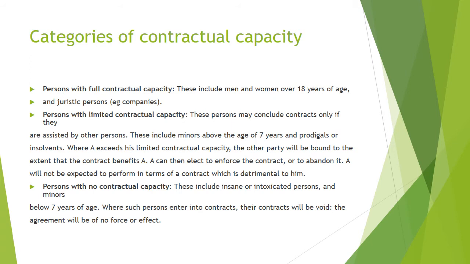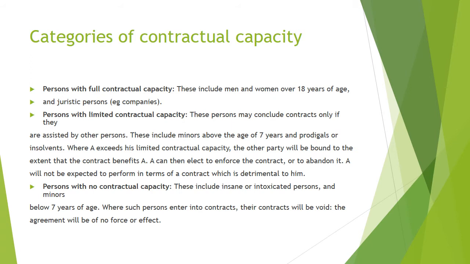Remember that in our previous lesson, when we spoke about private law, we spoke about juristic persons and their ability to acquire rights on their own, and being sued in their personal capacity. So those things, companies or Spar or Shoprite or Checkers have their own juristic personality. So they are able to enter into contracts on their own because they have full contractual capacity. Same applies with Umdona 18 because she is of the age of 18 and above.